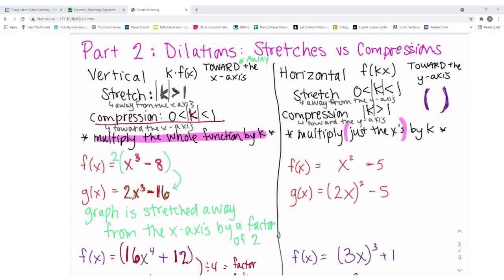It was not multiplied by something, but the x inside the parentheses was, and so then we know that we're dealing with the horizontal stuff, which is according to the y-axis. So we have x-axis is the vertical one, y-axis is the horizontal one. And since it was 2, let me just go in here and write the things that we did for it.